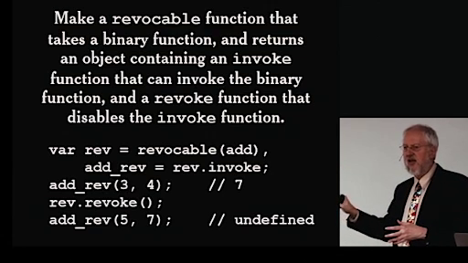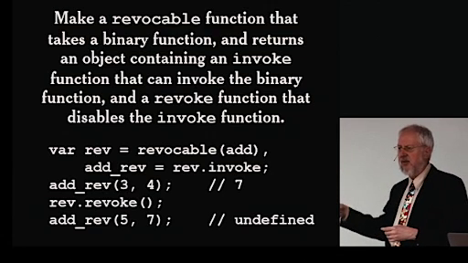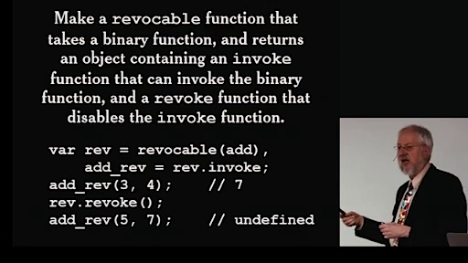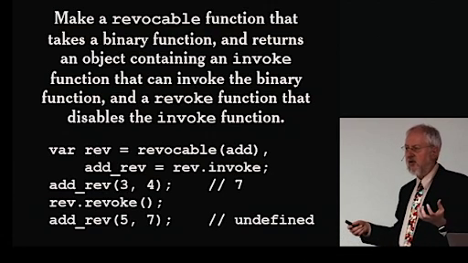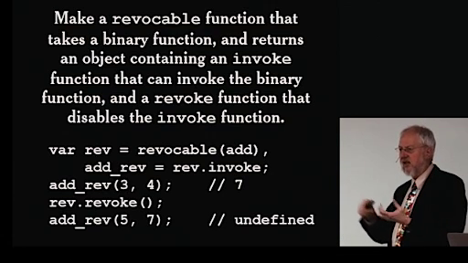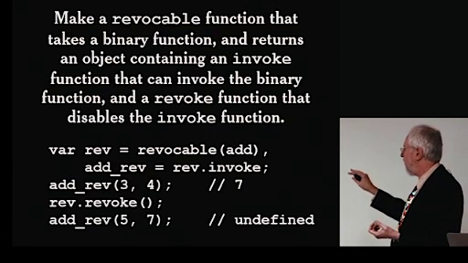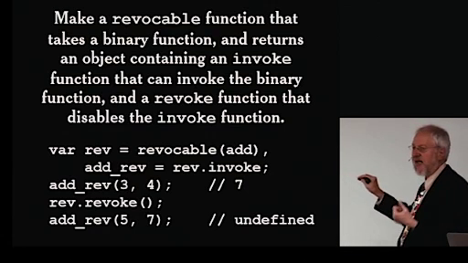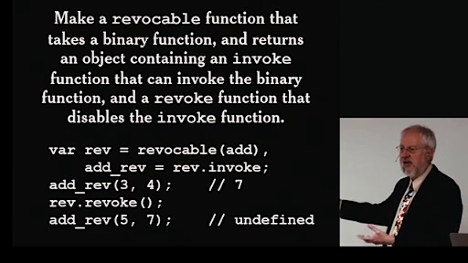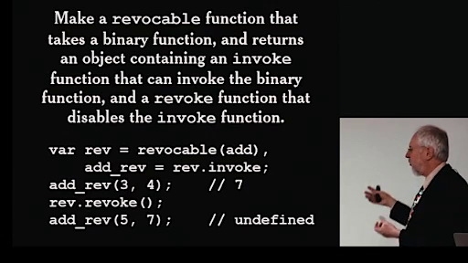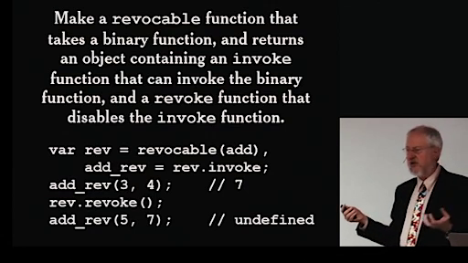Except in this one, instead of keeping a count about how many times you get to do it, we will have a separate function called revoke, which will, when we call it, cause the thing to stop working. So we'll call our revocable factory, we'll pass in any existing function, in this case the add function, and it will return an object containing two functions.